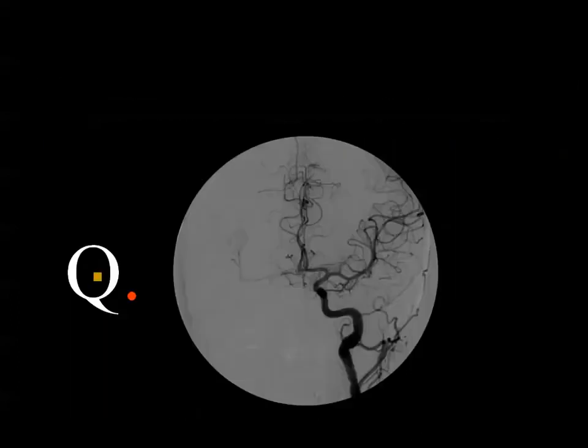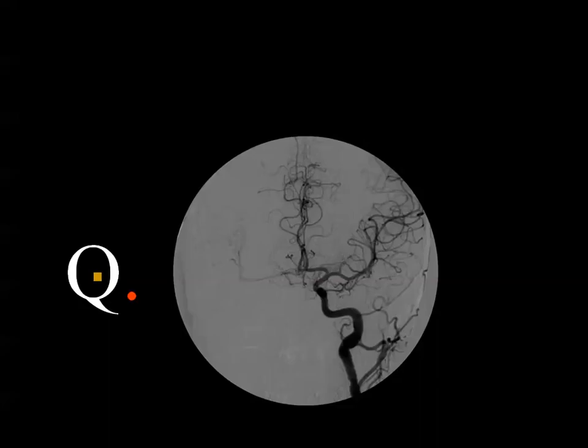DSA, selective internal carotid angiogram, frontal view. Yes, this is selective injection on one side. Selective left internal carotid angiogram.